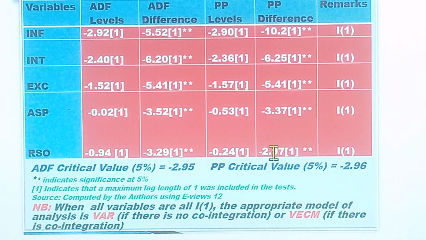I was to say that if all the variables are I1 and we carry out the test of co-integration and we find that they are all co-integrated, the appropriate model of analysis is the vector error correction model. That is, if they are co-integrated and they are I1. But if they are all I1, but we test for co-integration and find that they are not co-integrated, then the appropriate model of analysis is the vector autoregressive model.